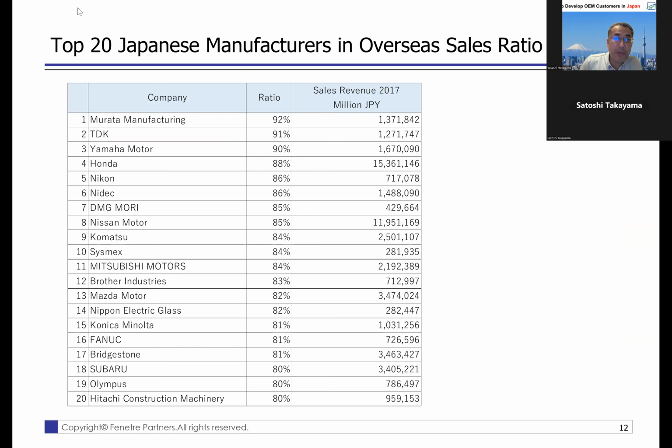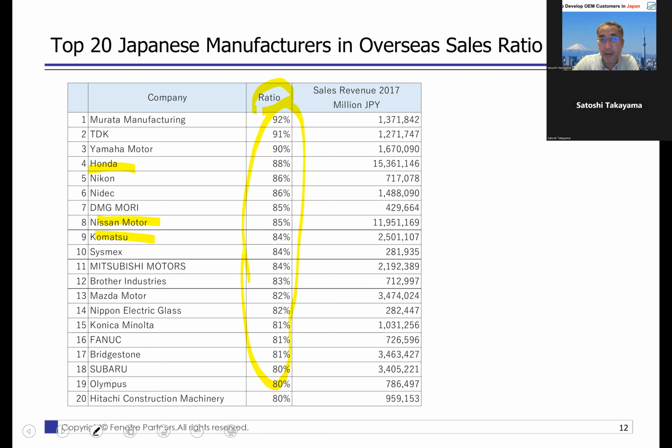When we talk about big manufacturers, obviously their overseas sales ratio is very high. You can find famous names like Honda, Nissan, Komatsu. Yeah, you can find many. So most of the big Japanese companies have over 80% of sales from outside Japan.